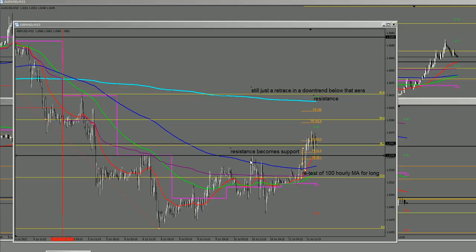But you can see cable got a bit of a boost here. So I was thinking, well, we might see another test of that area today, and the shorter moving averages were lining up a bit to the upside now.